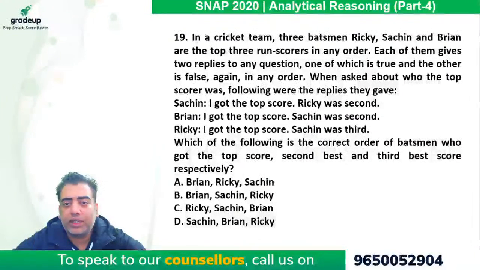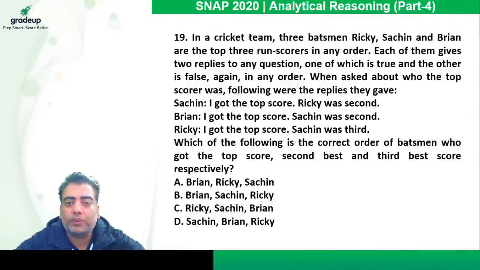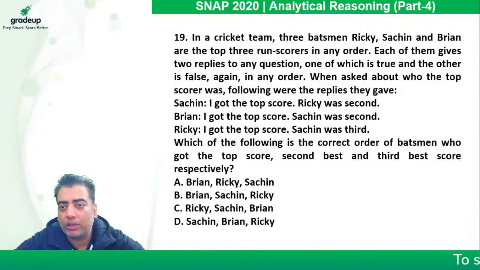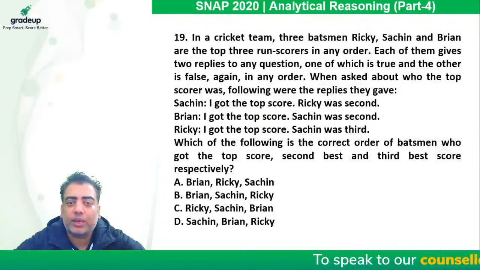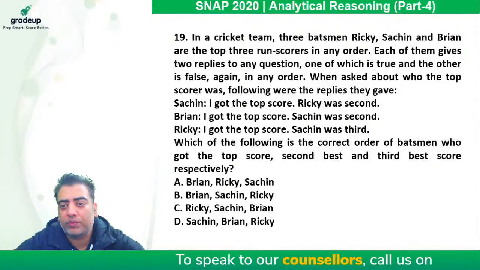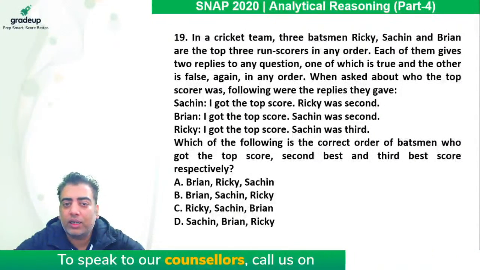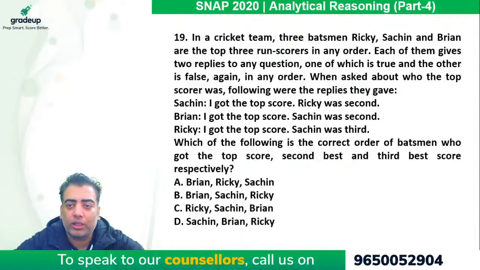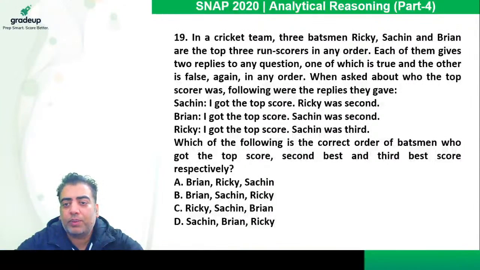Here it says, in a cricket team, 3 batsmen, Ricky, Sachin and Brian, are the top 3 run scorers in any order. Each of them gives replies to any question, one of which is true and the other is false, again in any order. When asked about who the top scorer was, the following were the replies they gave.